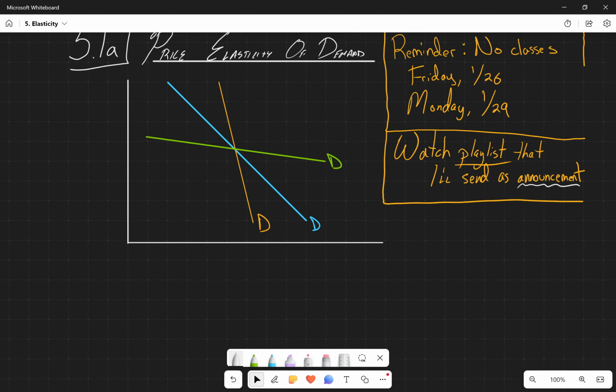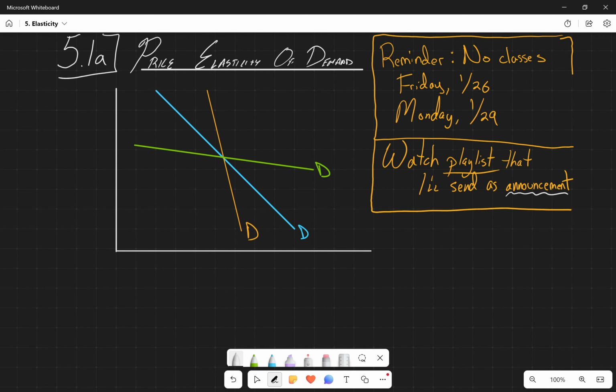When we're talking about elasticity, what are we talking about? We're going to zoom into price elasticity of demand in a second, but right now let's zoom out and figure out this word elasticity.